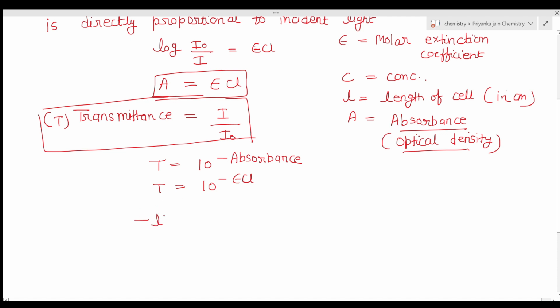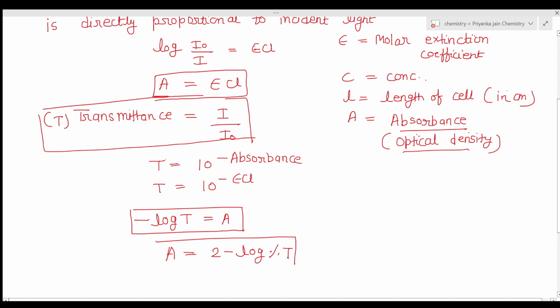One more formula is log of T is equal to minus A, that is, minus logarithm of T is equal to A. And one more formula is absorbance is equal to 2 minus logarithm of percentage transmittance. If you are given percentage transmittance and you have to find the absorbance, you can use this formula. All of these formulas are very important and you should learn them so that you can do all the 2 marks and 4 marks questions.